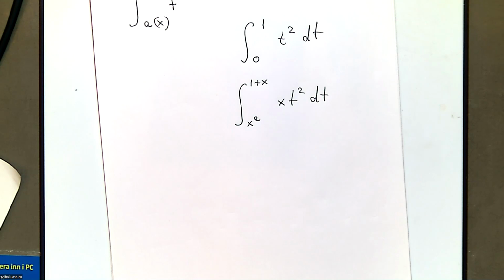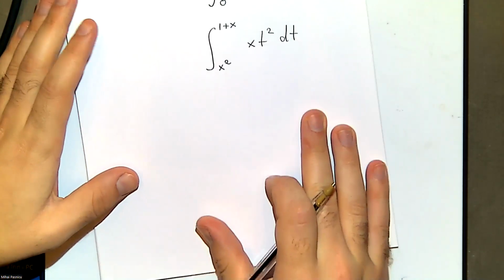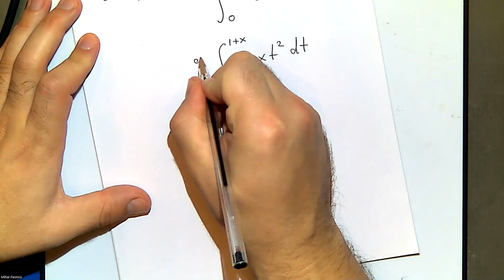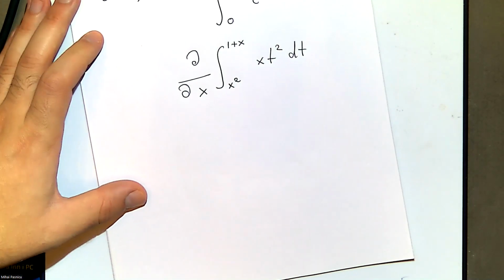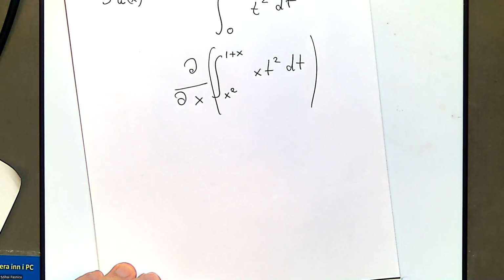Let's assume we have this. Now, Leibniz is going to give you a formula, an ugly formula, but a formula for what the derivative of this integral is with respect to x. Which might come in handy at some points.